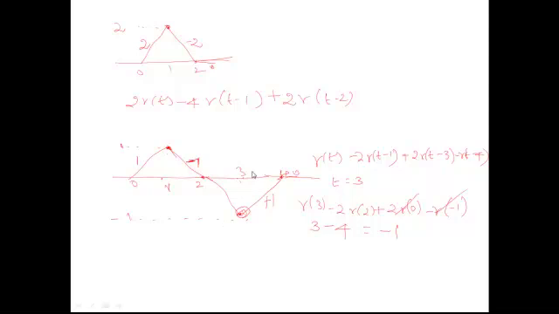So you can see from the signal at 3 you are having the answer minus 1. You can also validate this at some other place. Apply t is equal to 1. If you apply t is equal to 1, this becomes r of 1 minus 2 r of 0 plus 2 r of minus 2 minus r of minus 3.